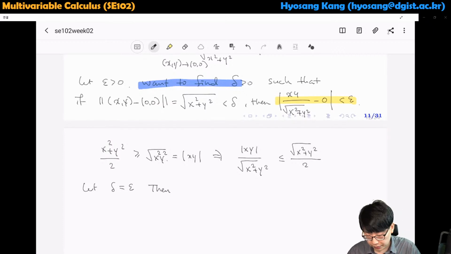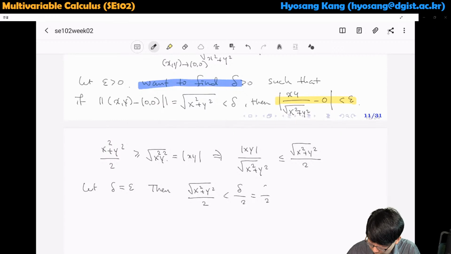Then what happens? This square root of x squared plus y squared over 2 is less than delta over 2, and this equals epsilon over 2, therefore it's less than epsilon.